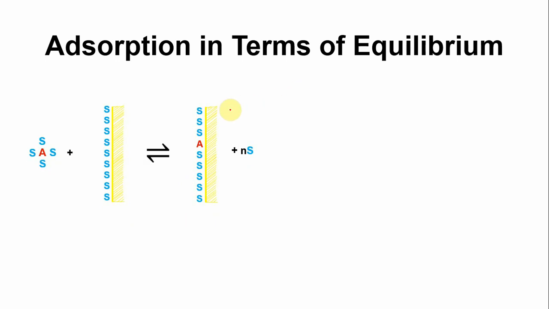Here is this process. We see that here is this solute ion which is solvated by solvent molecules, and it is coming near to the surface of the electrode. When it comes near the surface, there are several solvent molecules which are pre-adsorbed on the electrode surface.